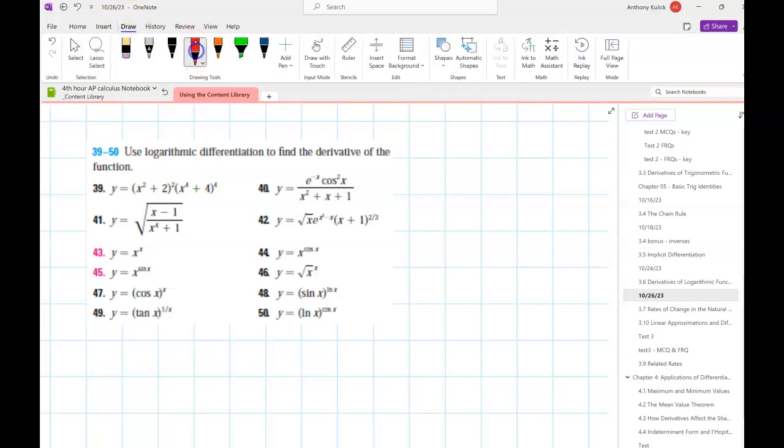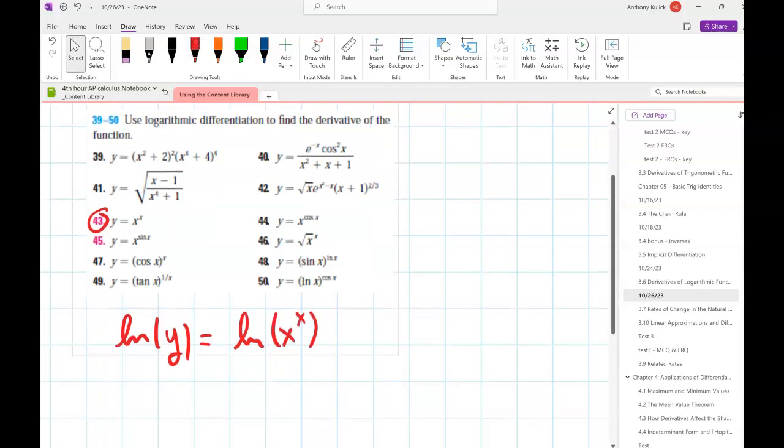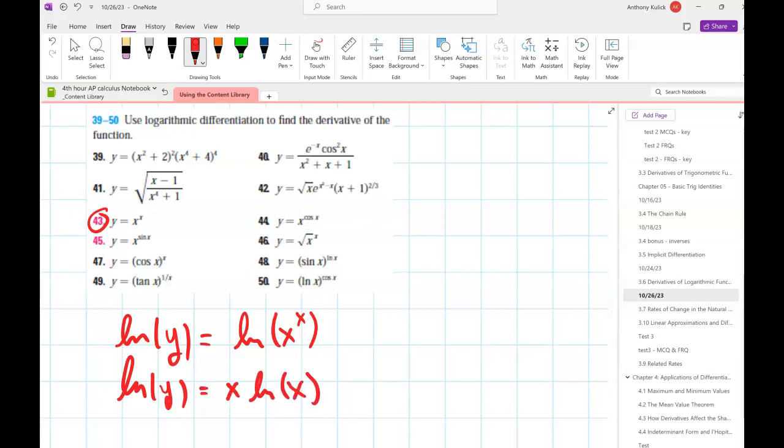So for 43, again, the directions say use logarithmic differentiation. So we want to start by doing the log of both sides. And then I'm going to use the power property of logarithms to move the exponent inside the log into a coefficient.